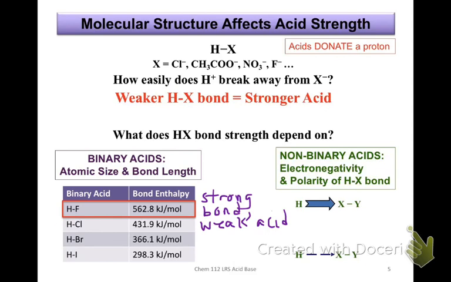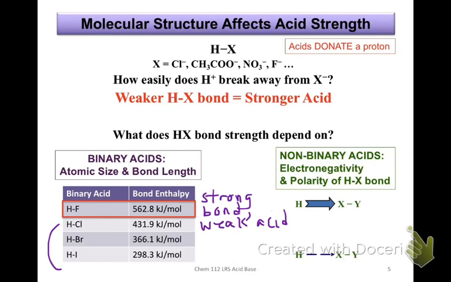HCl, HBr, and HI are all strong acids. In fact, they're equally strong in water because they're all completely deprotonated. They're ionized. That proton has come off completely. If we were to put those 3 acids in a non-aqueous solvent, we would be able to tell a difference in the strength of them by looking at the bond strengths.